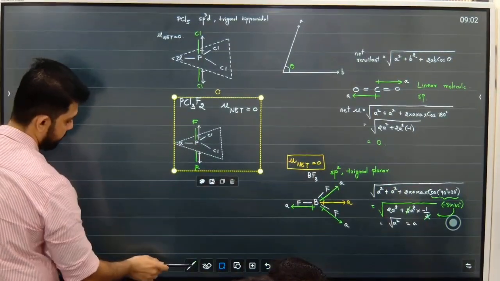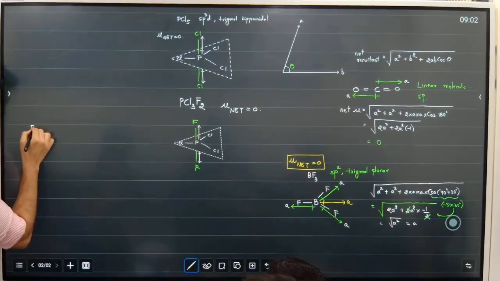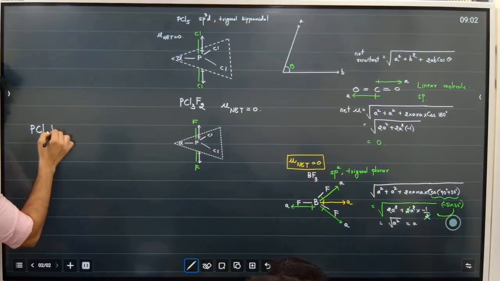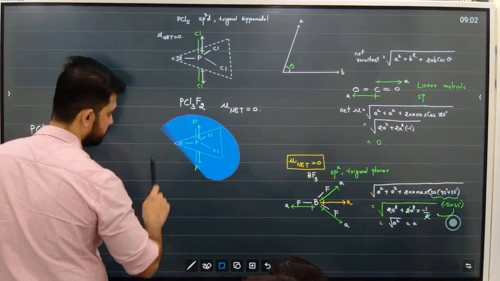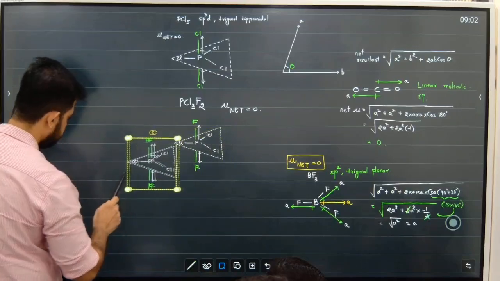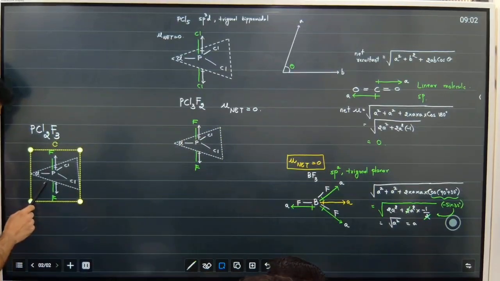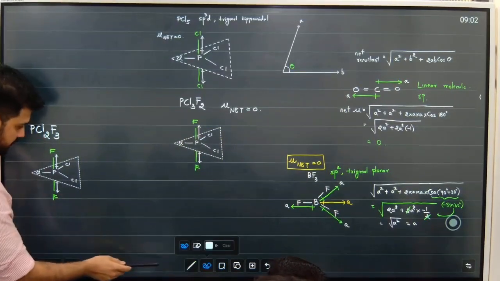But if I give you PCl2F3, what about now? What difference do you observe? PCl2F3.